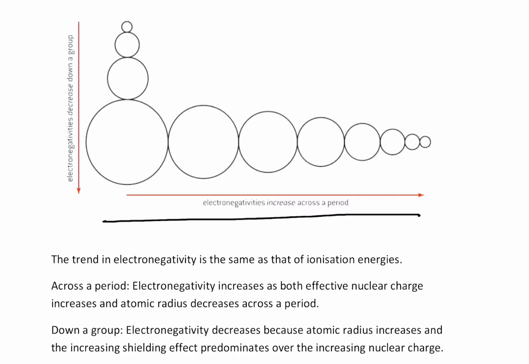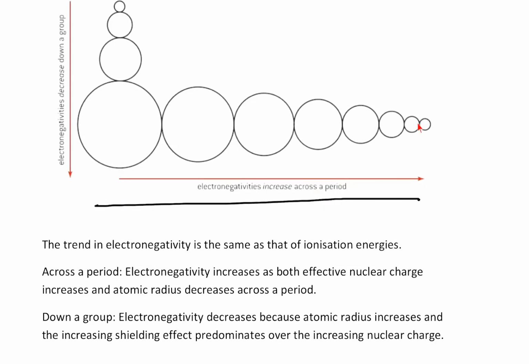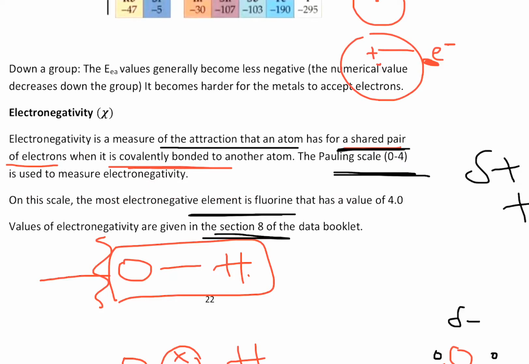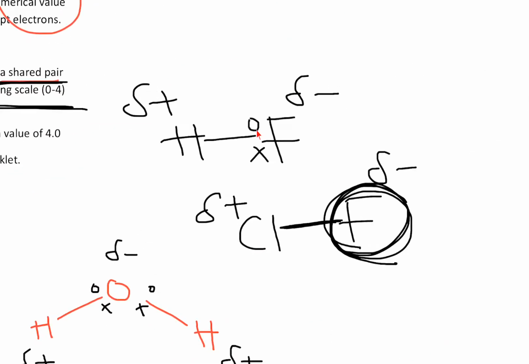As it gets smaller, the effective nuclear charge increases, and it becomes easier for the nucleus to attract electrons towards it. Because it is very small, the nucleus is able to pull electrons from the shared pair in that bond towards the fluorine. This is why it's highly electronegative.